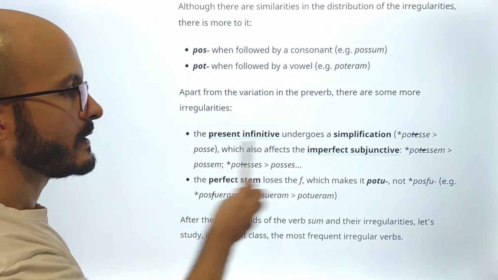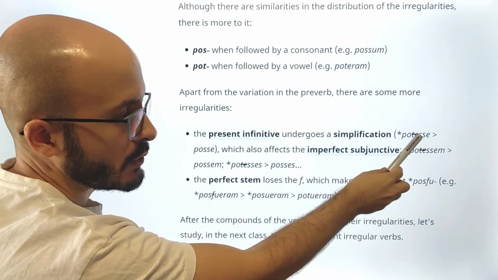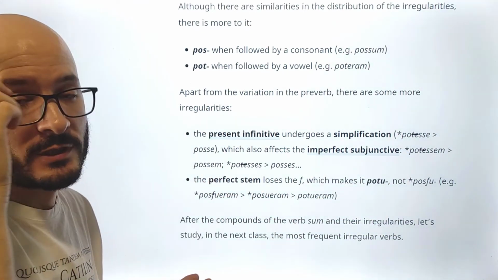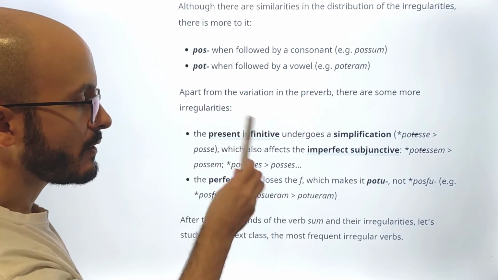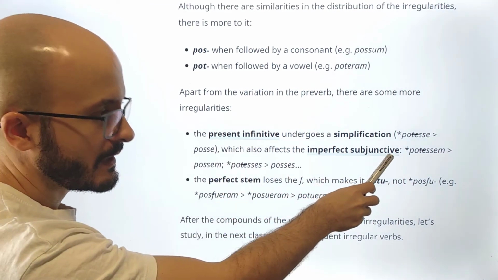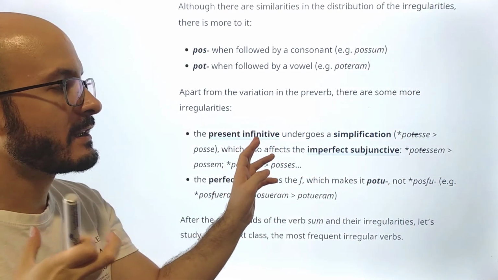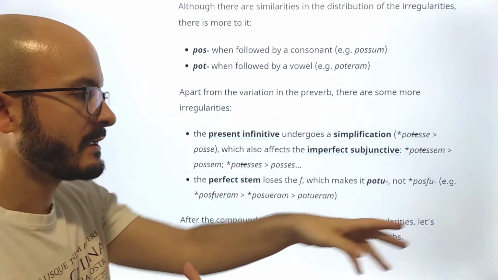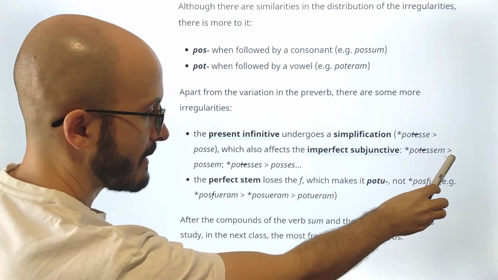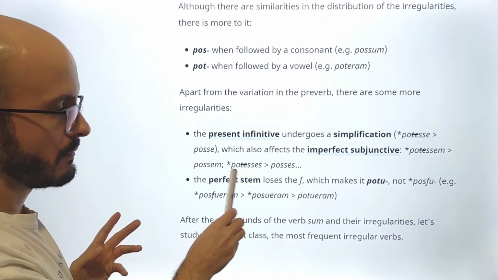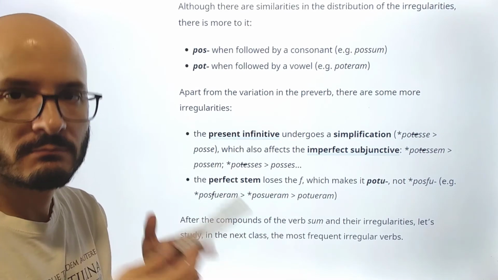No. We just lose this syllable te, so we have posse. We just learn it by heart. Which also affects the imperfect subjunctive. We know that the imperfect subjunctive looks like the present infinitive plus the endings, no? So, it would be potessem, but instead possem, posses, etc.